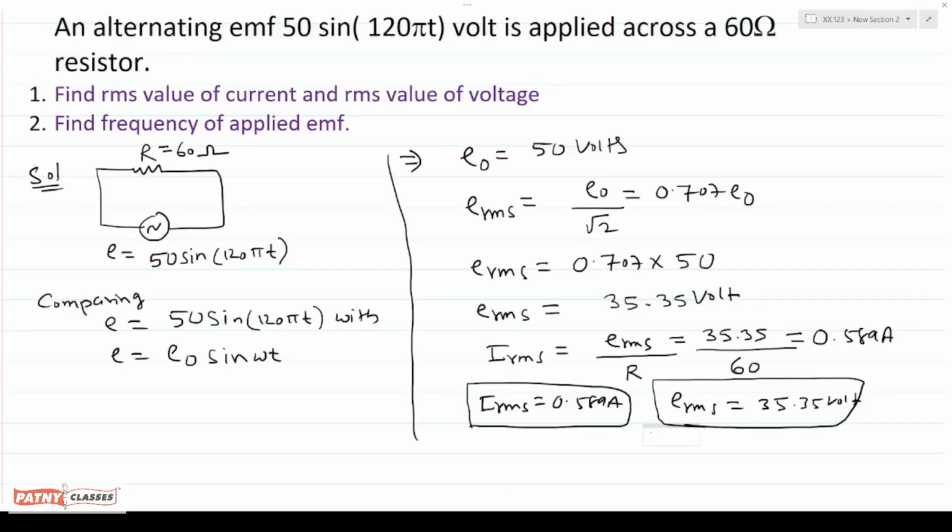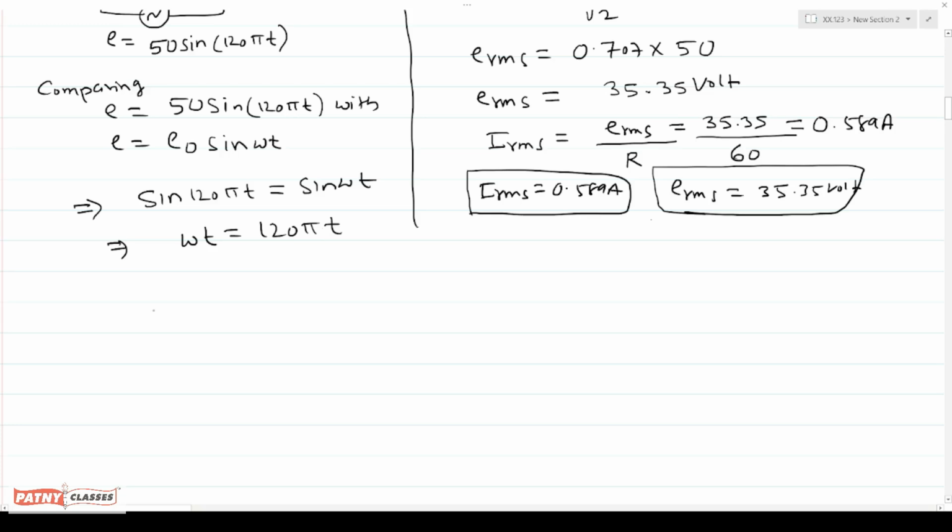Now the second part of the question, find frequency of applied EMF. So we have E equals to 50 sine 120 pi t. We had compared with E equals to E naught sine omega t. Now comparing the trigonometry part, sine 120 pi t is equals to sine omega t, implies omega t equals to 120 pi t. What is omega? Omega is nothing but 2 pi f.